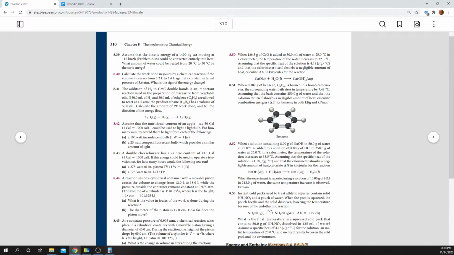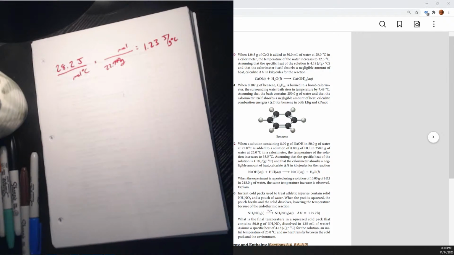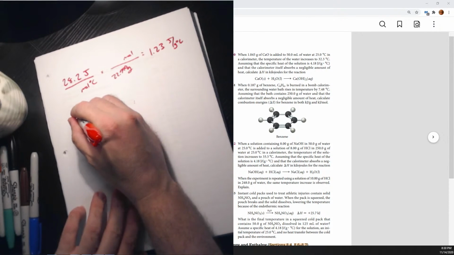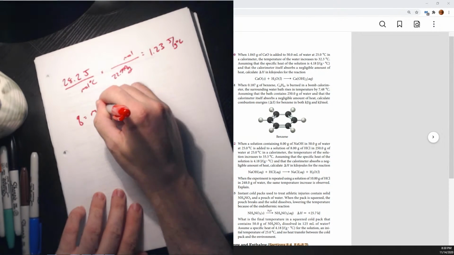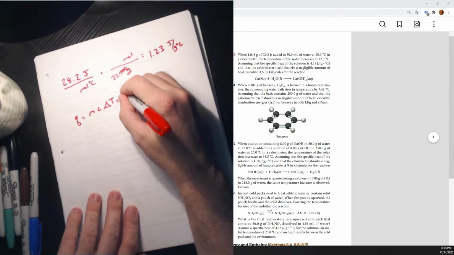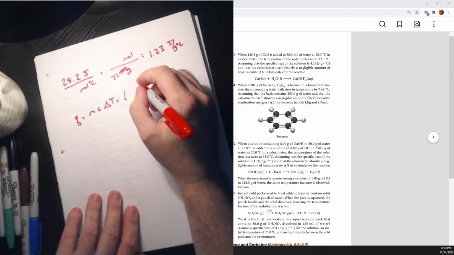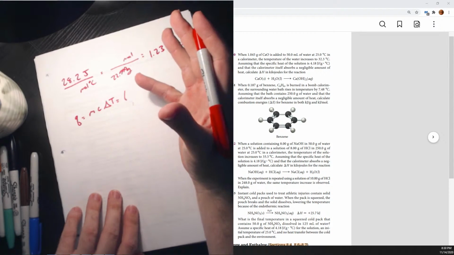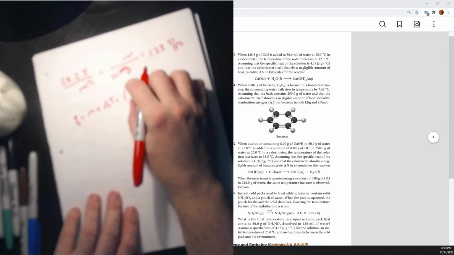So the temperature is changing by +7.3. Okay. So Q equals mc delta T. I'm also going to assume, even though they don't tell us, that 50 mils of water is 50 grams of water.